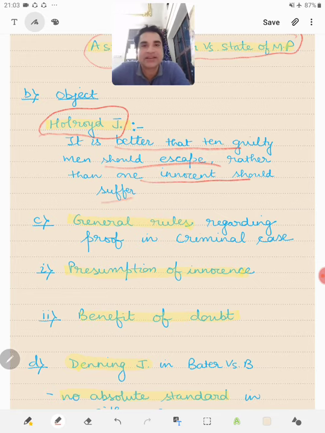That is, in criminal proceedings, the idea is that no innocent should suffer, and it can be at the cost that 10 guilty men escape. And that is why in criminal proceedings what is required is proof beyond reasonable doubt, while in civil what is required is preponderance of probabilities.